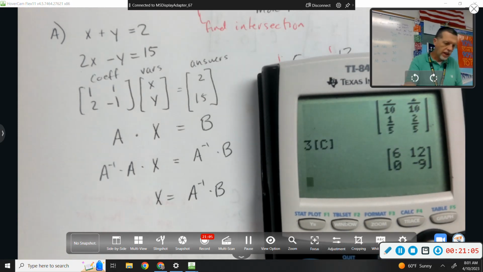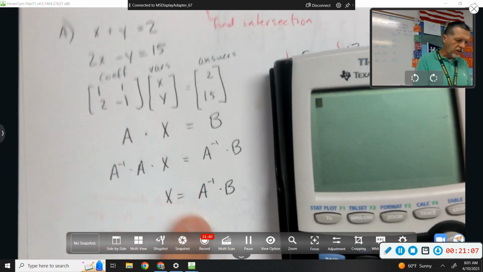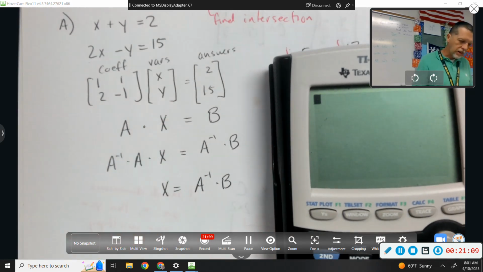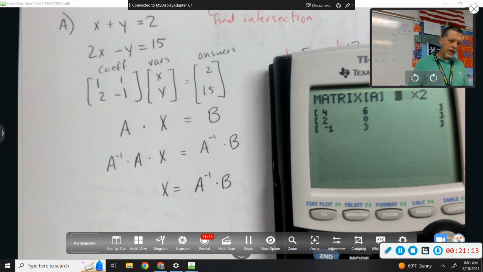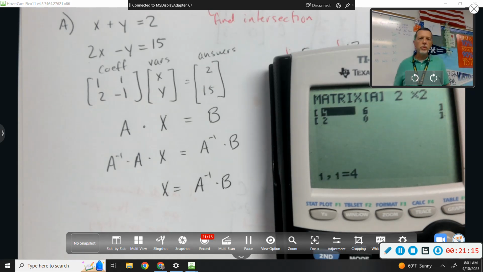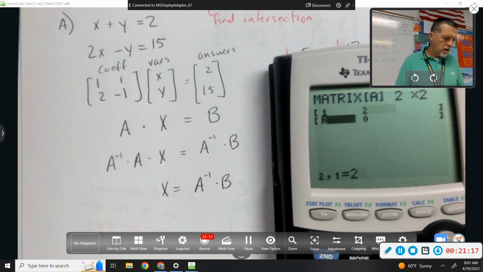So let's go to the calculator and do that, although I need to change A and B now because that's not what is in there. So in the matrix menu, I need to edit matrix A, and I need to change it to a 2 by 2: 1, 1, 2, negative 1.